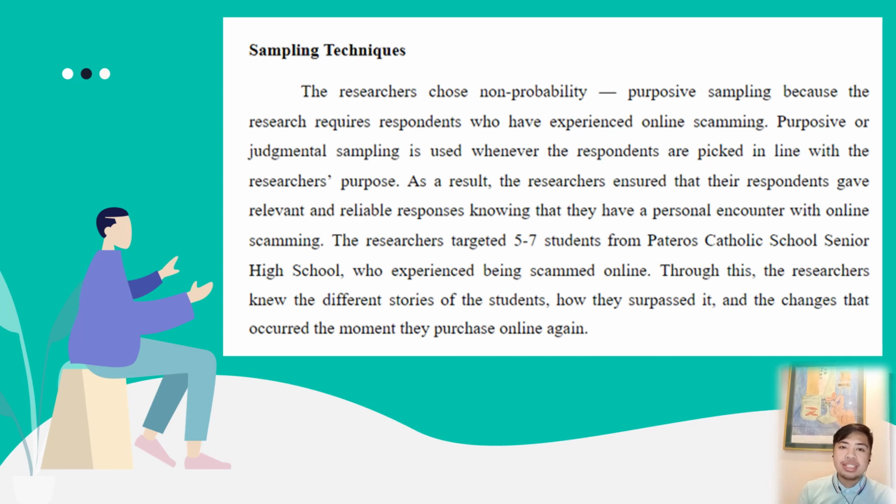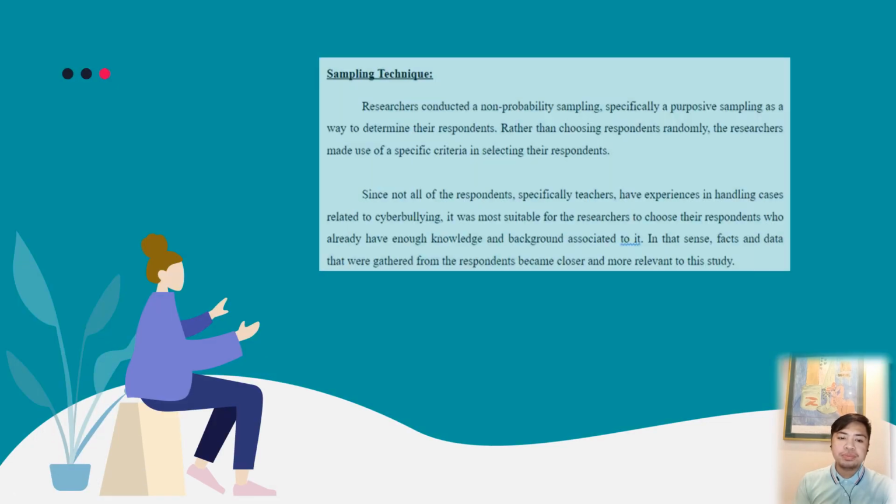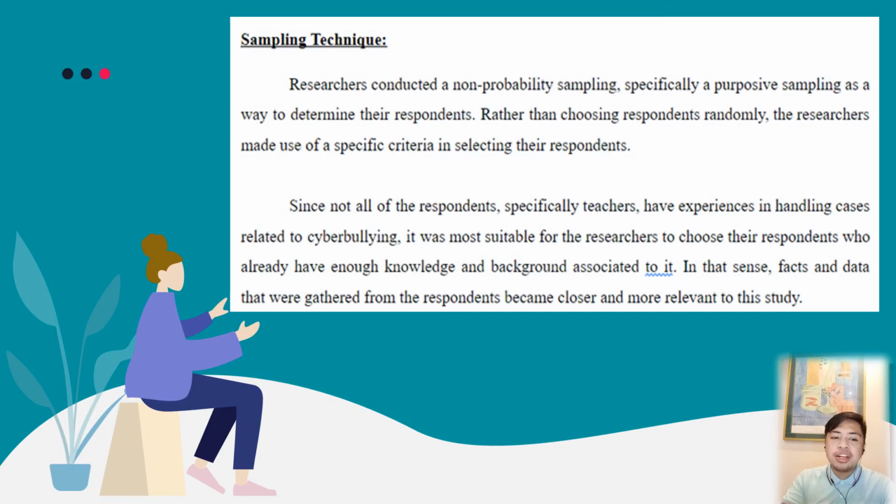Let's have another example. So, 2 paragraphs, pero very direct to the point, very short. So, lagi niyong uunahin, anong type ng sampling, probability or non-probability, and then what is specifically.